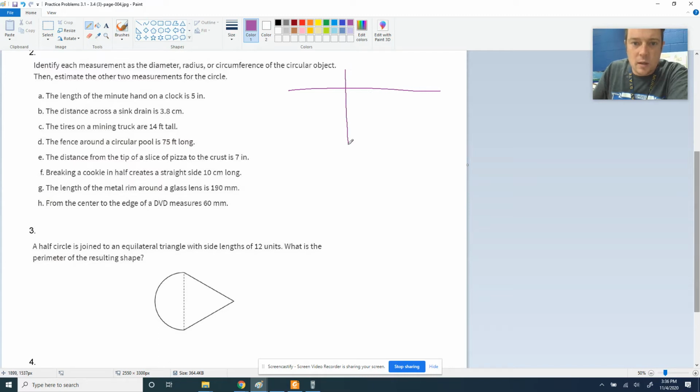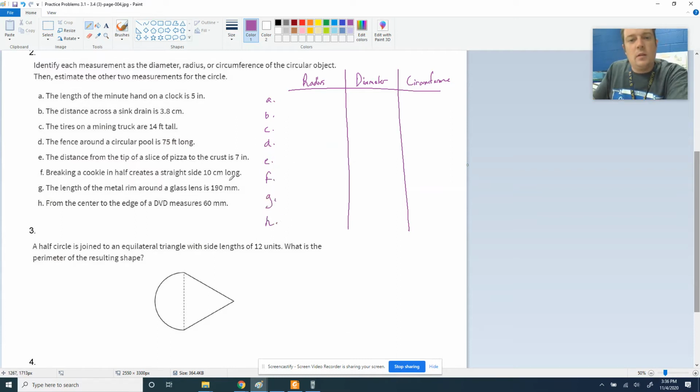I'm just going to make 3 columns: radius, diameter, and circumference. All right, and I've got A, B, C, D, E, F, G, and H. So I'm going to fill out this table for everything that they're mentioning over here.